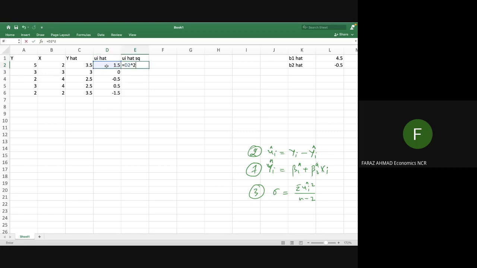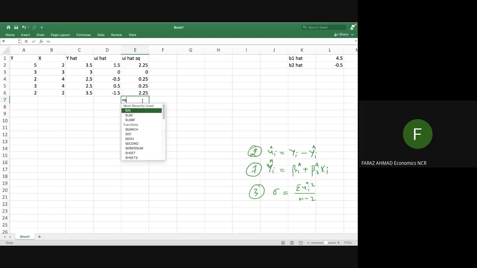So I've just squared it and copied the formula down. These are the squares of these numbers. Now we need the sum of these numbers, so I'll add them. This is 5, right? And now I can calculate my sigma squared. Sorry, this is sigma squared, not sigma.